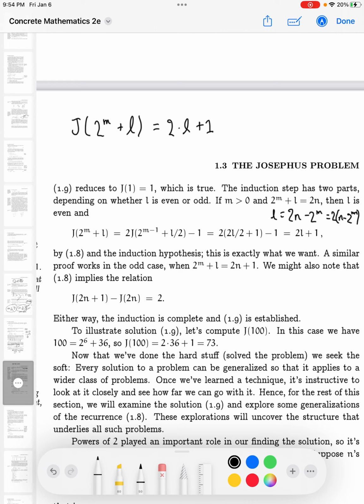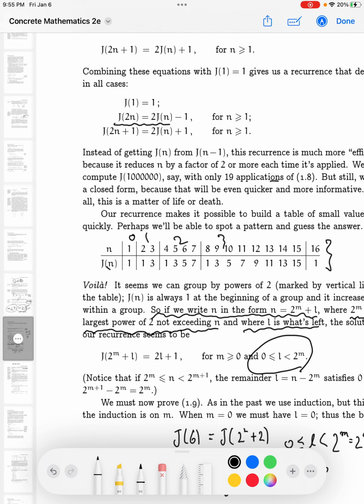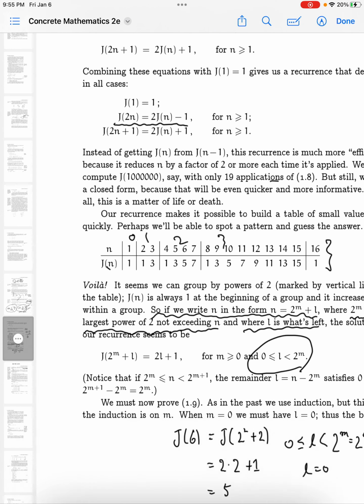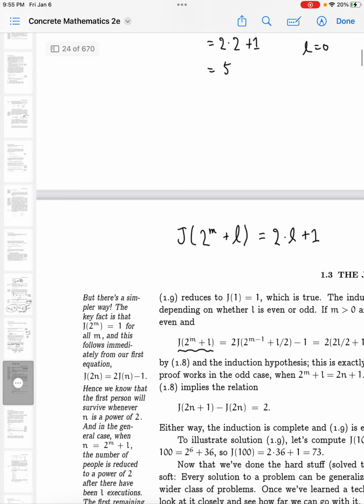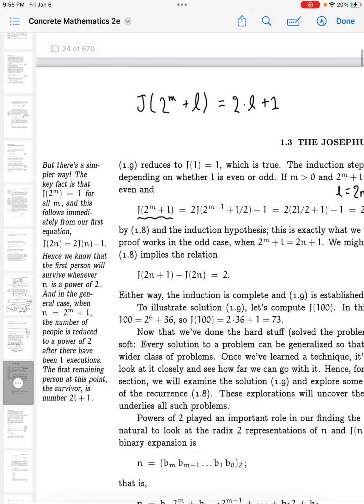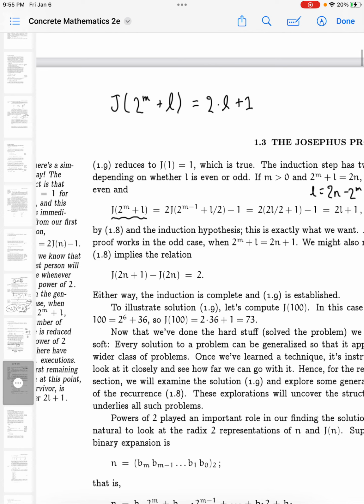Okay, we are going back to the case where the even number is how the even Josephus input is outputted. If you look at this text here, J of 2n equals 2 J of n minus 1. So we are going to input that.